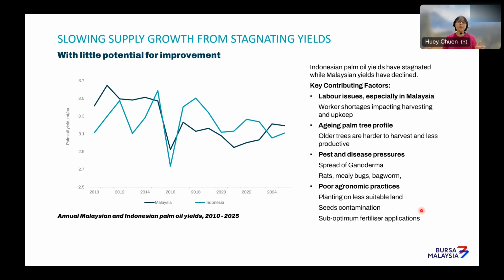That actually will give a problem in having a proper harvesting round. So I think that is also why some companies will just let the trees grow and wait for the next replanting cycle to replant with the new seed. So these are the problems that we are seeing as to why the yields are dropping.